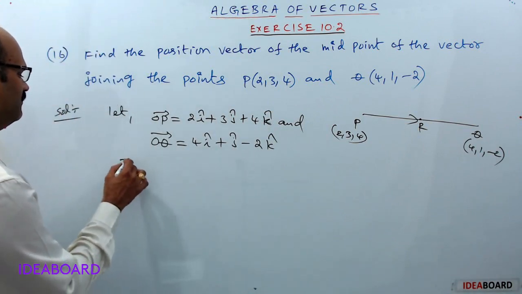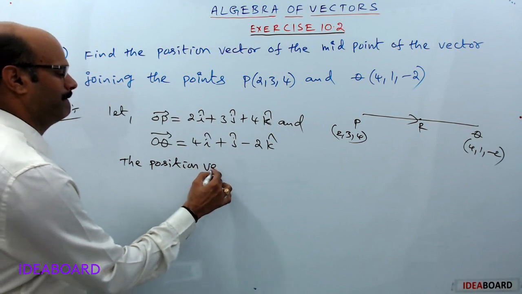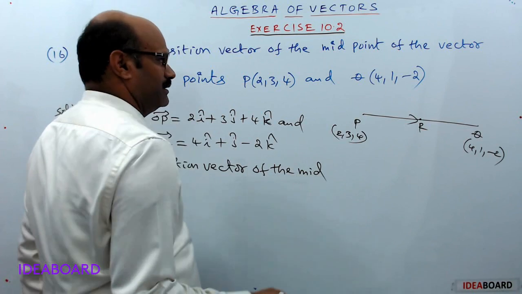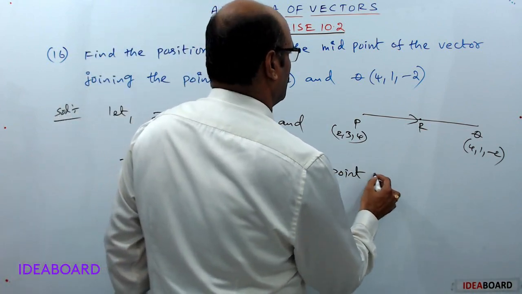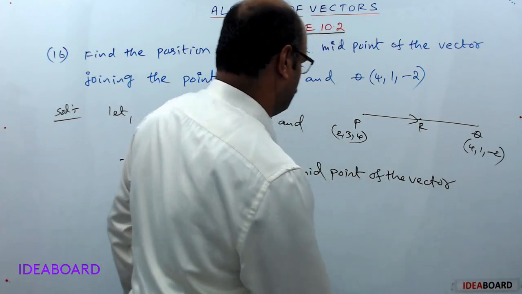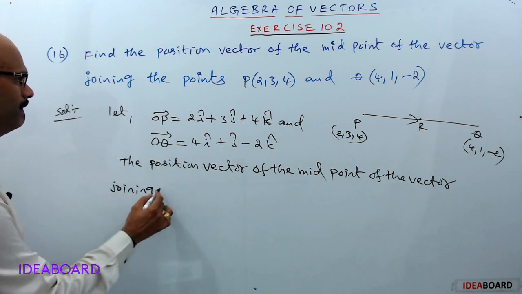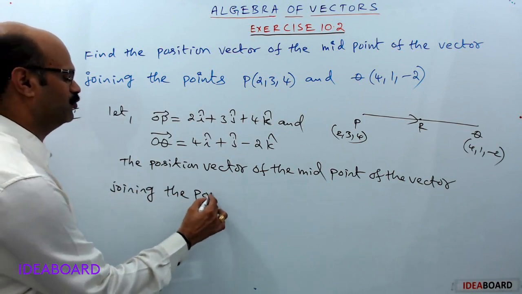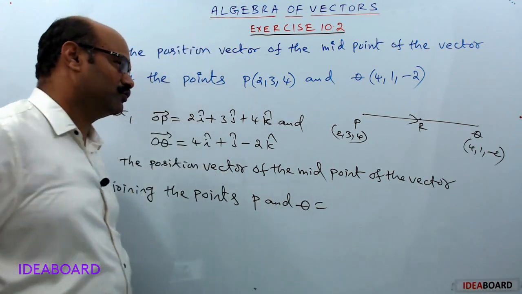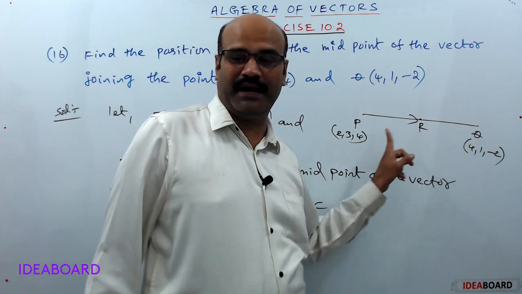The position vector of the midpoint of the vector joining the points P and Q is equal to (OP vector plus OQ vector) by 2.